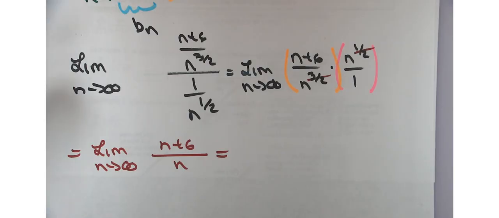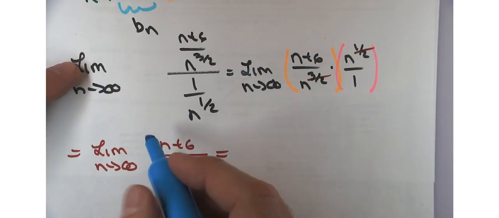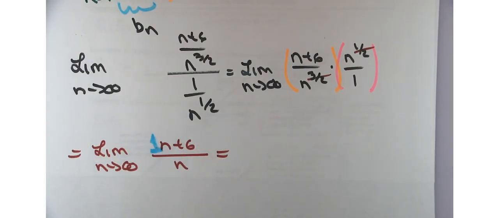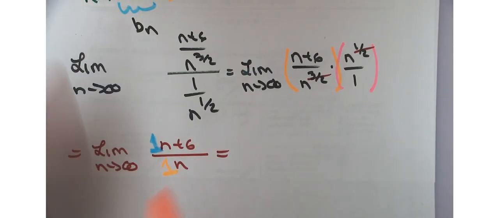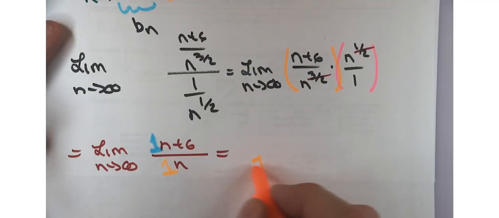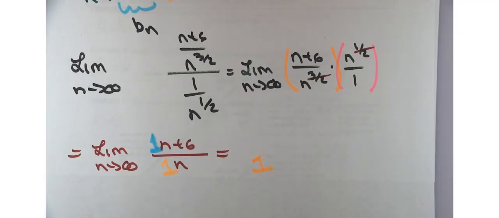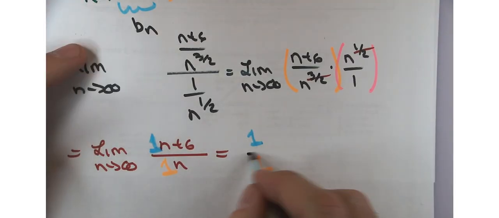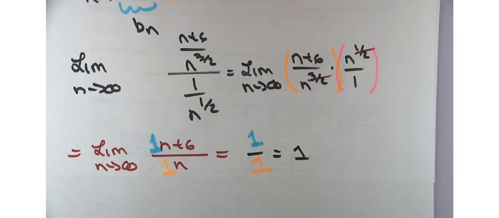Well, what else can I do to get that limit? Yeah, our power rule. Both of these have the same exponent. They're both polynomial terms. So it's just going to be a ratio of those leading coefficients, 1 over 1. Looking good there. And that's 1. Nice.